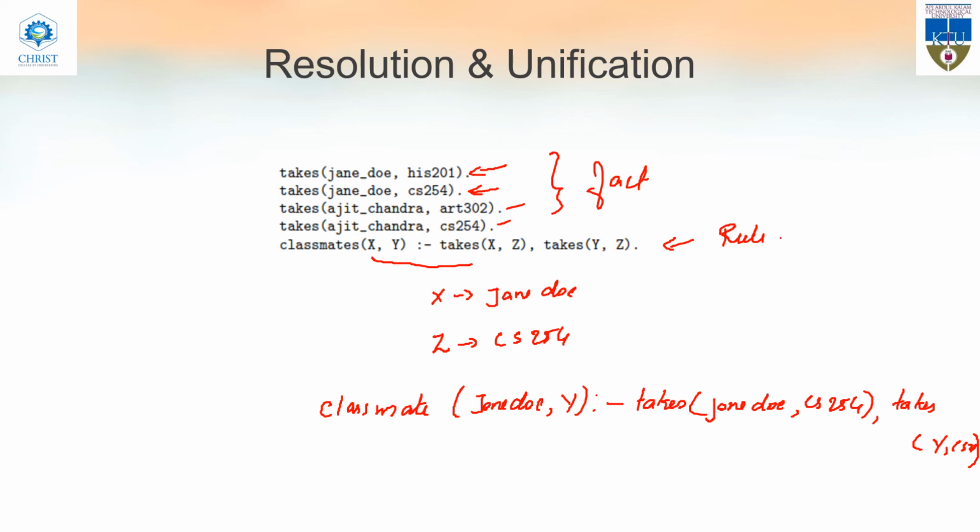You know that in resolution you have already solved this. You can take this as C1 and this as C2. This is the head of C1. Since it is a fact, it doesn't have a body. C2 has a head and a body.